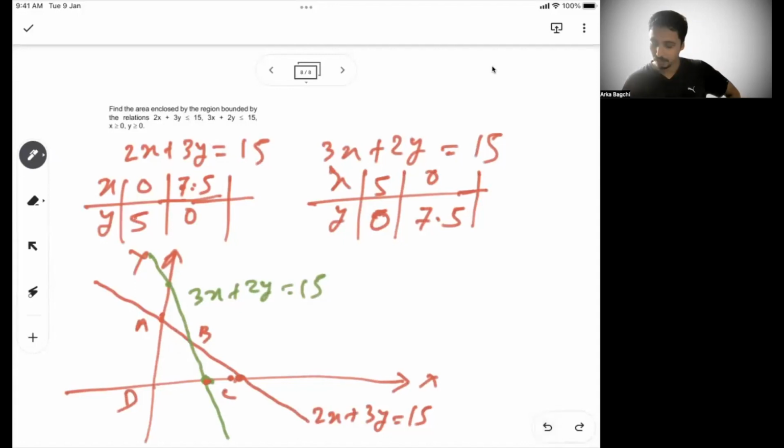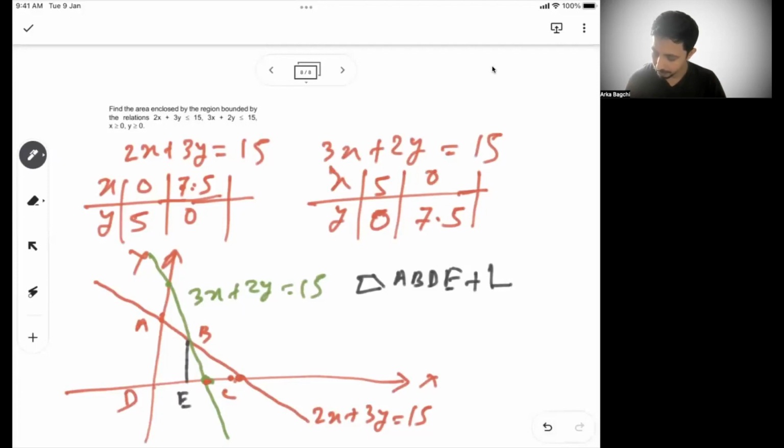So if you see this line, consider the y-axis, which does not look like a straight line, so I can break it into a trapezium. Let's say this is E. Can I say trapezium A, B, D, E plus right angle triangle B, C, E? If I add these two, I will get the answer.